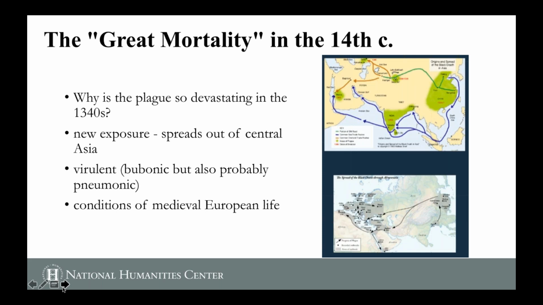People's constitutions were weakened. They were not robust. They got sick and died quickly, and it was also strongly associated with close quarters. Because this is a disease that's spread by rat fleas, and people are living with and around rats all the time, this is another thing that contributes to the spread of the disease.